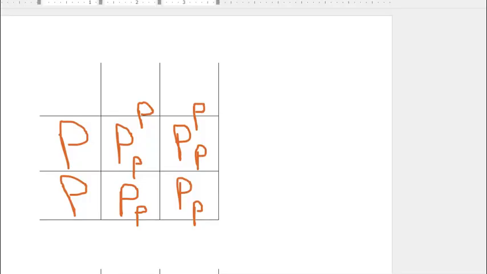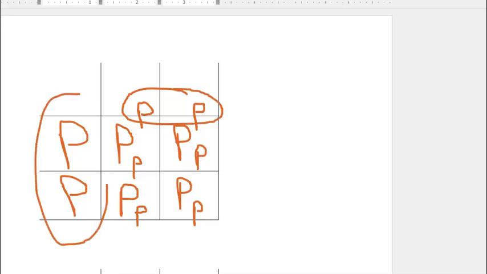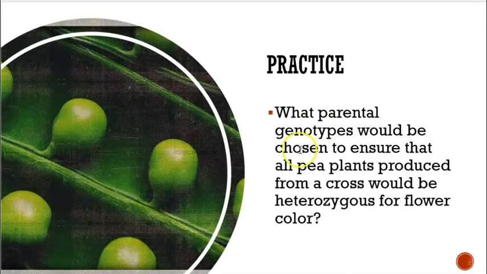So working backwards from our offspring to our parents, we see that the parents would have to be homozygous recessive, or white, and homozygous dominant for purple flower color. And that answers our question there.